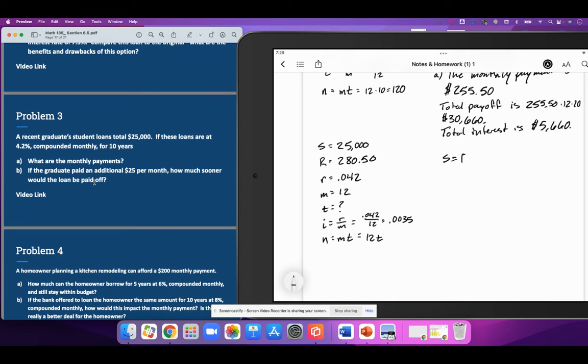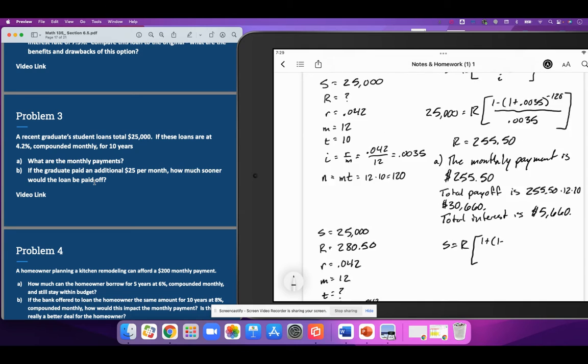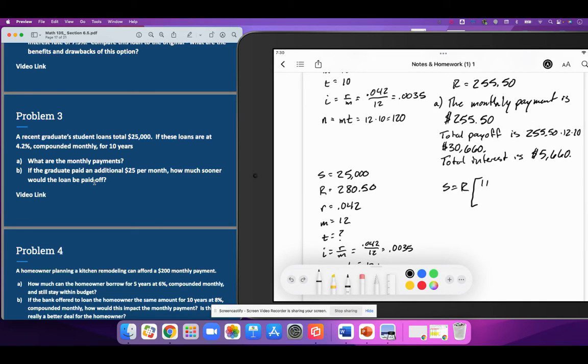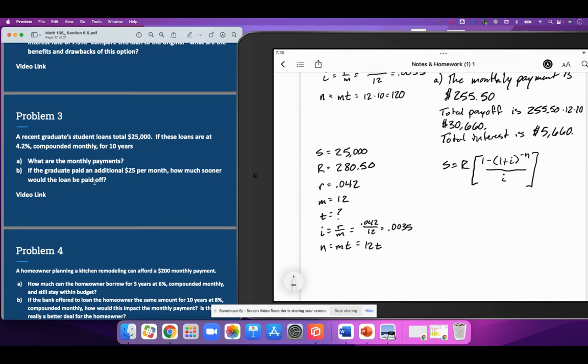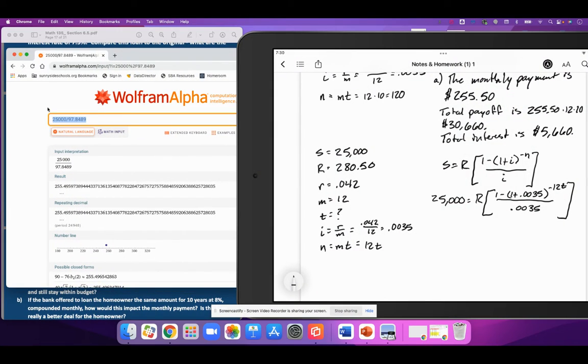And so our equation is S equals R times 1 minus 1 plus I to the negative N over I. And so we're going to have the $25,000 equals R times 1 minus 1 plus 0.0035 to the negative 12t over 0.0035.